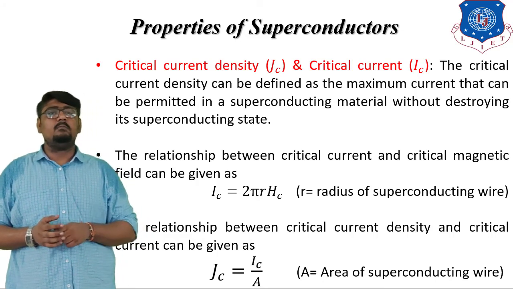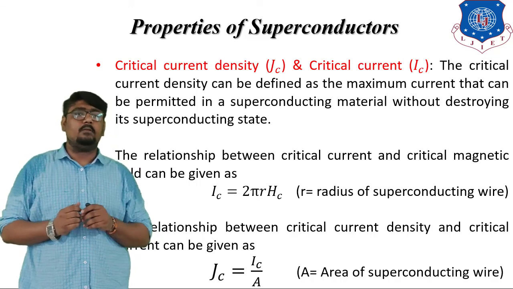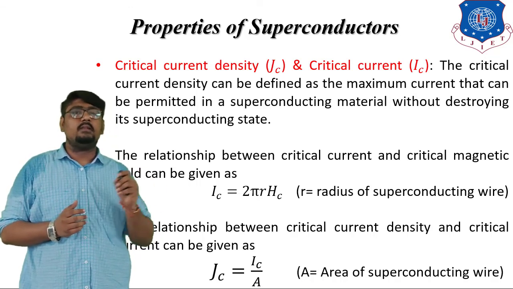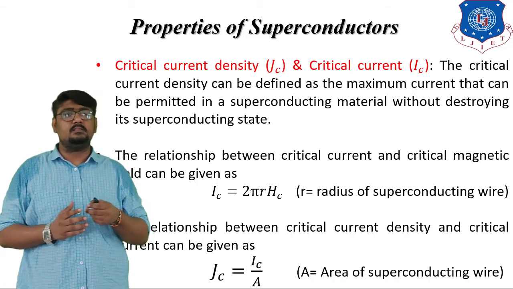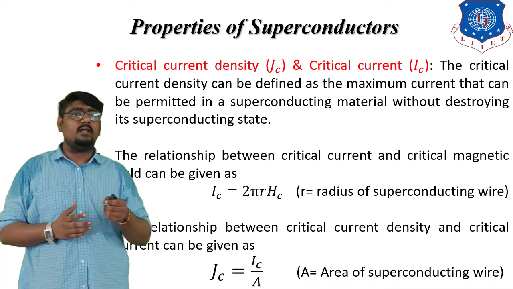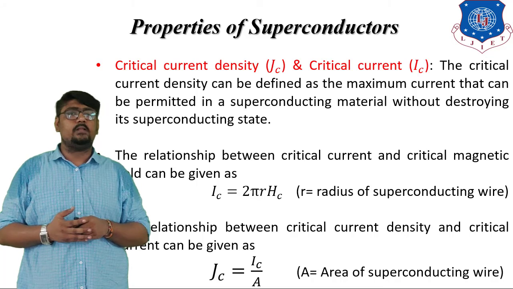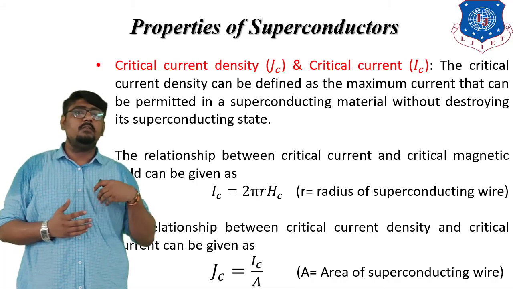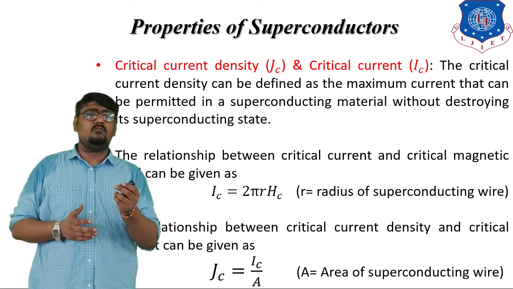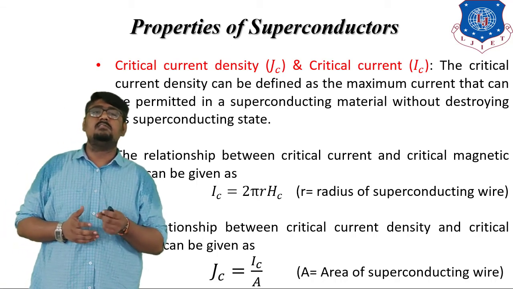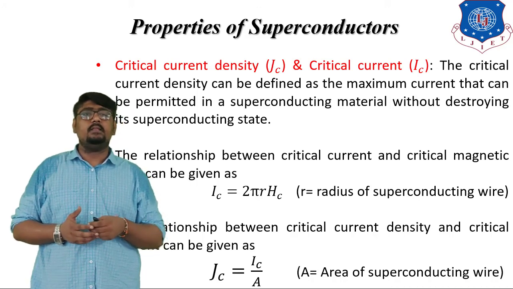You are very much aware of the relationship between current and temperature. If the flow of current increases, the heat energy generated inside because of the resistance increases. By Joule's law, H equals I square RT. So with the increase in current, even a few minor electrical resistances will develop heat inside it.